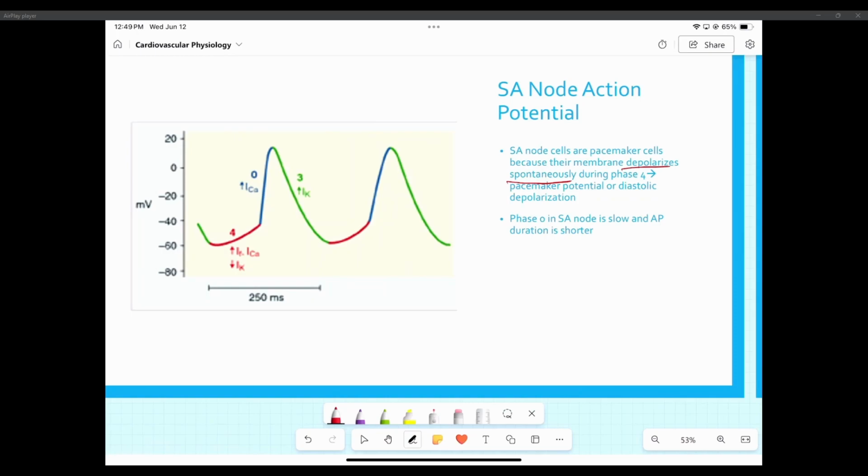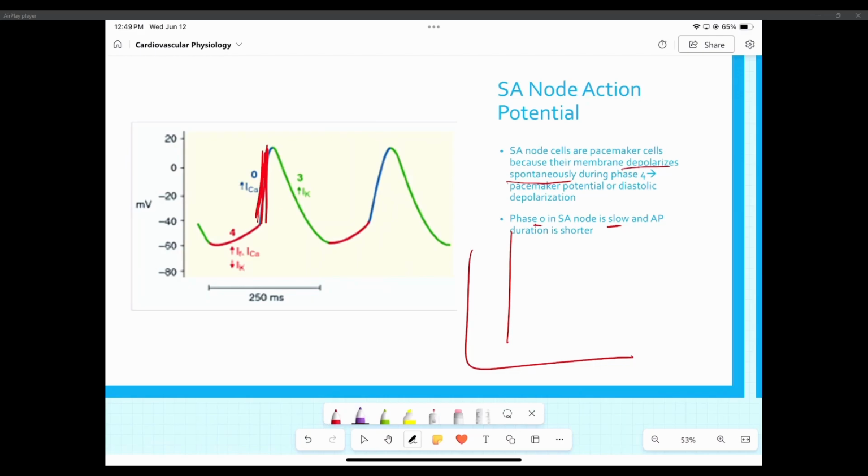So phase 0, which is the depolarization, we're going up, is slow, meaning if you were measuring the steepness of a curve, a slope, the ventricular cells will depolarize straight up. That is a fast depolarization, straight up.